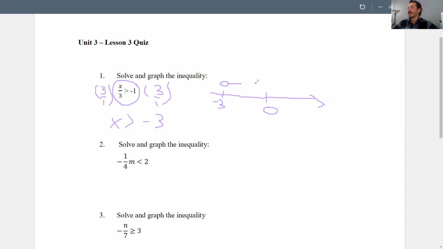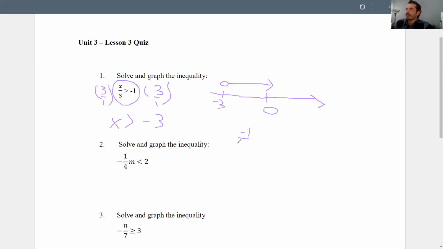All right, well, if I've done this math correctly, then my graph is good and I'll be done. But let me just check. So what number can I choose? Well, -1 is in that answer set, right? So let's try -1.